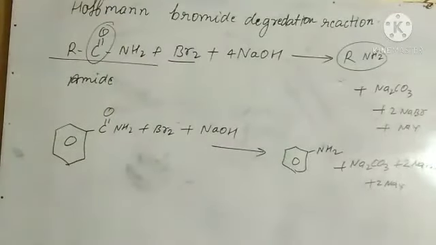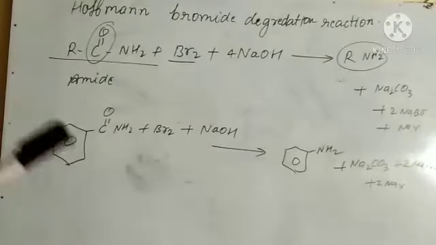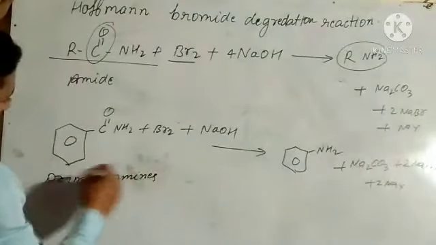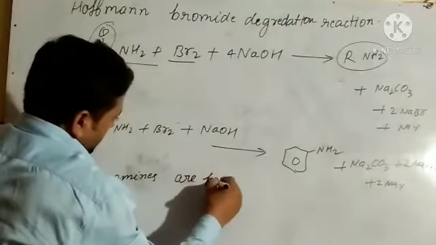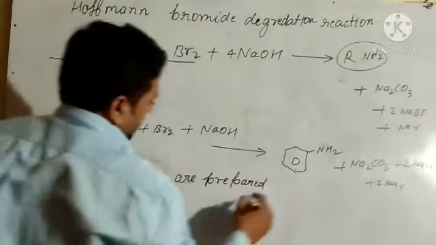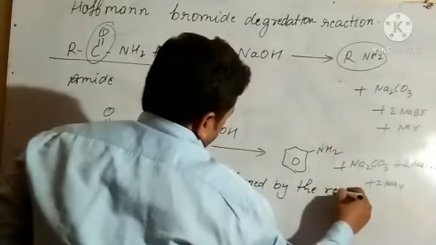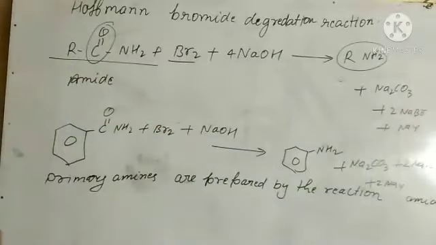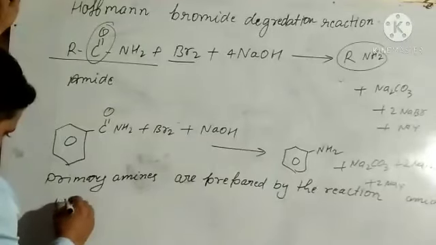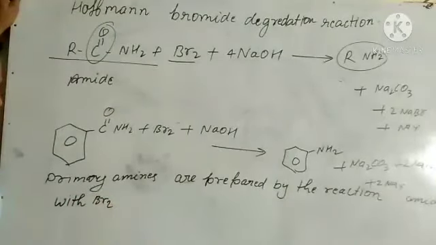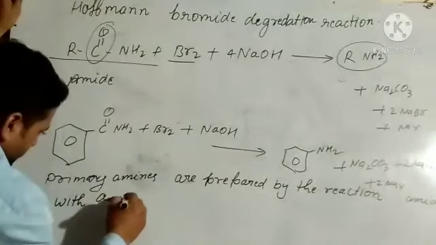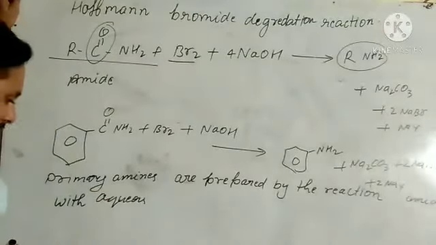We can write like this: primary amines are prepared by the reaction of amide with bromine, with aqueous solution.